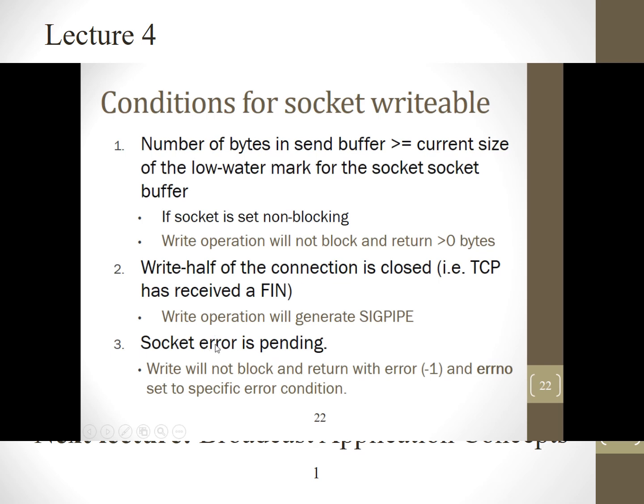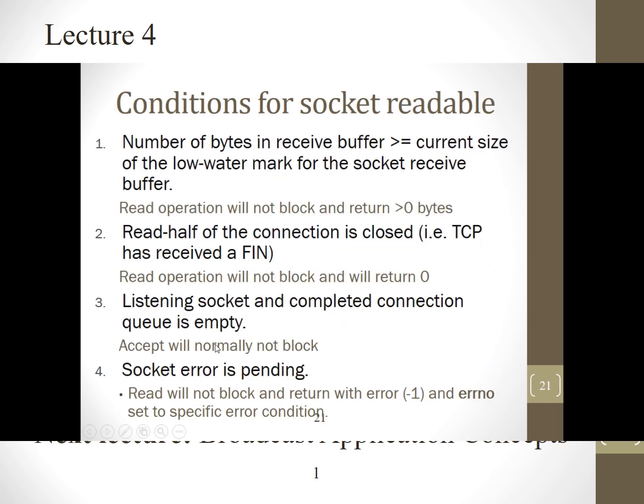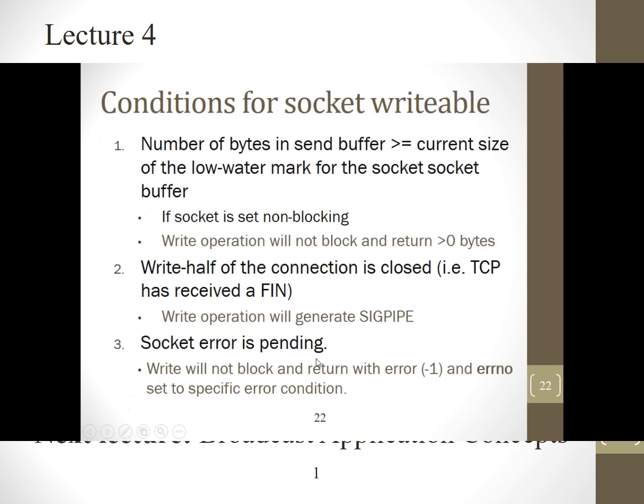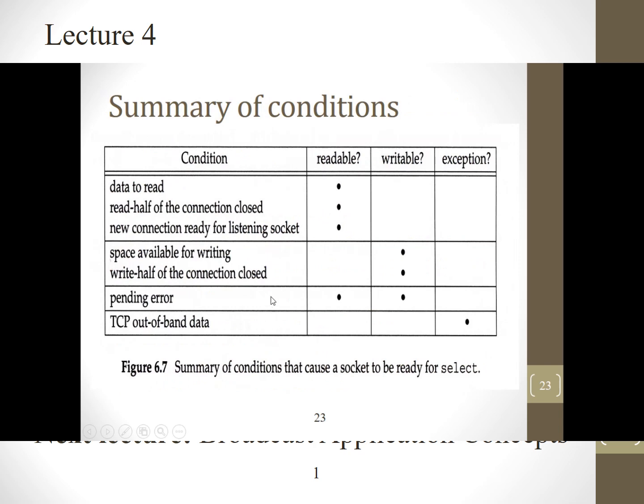In both cases, it says socket error pending. So we already discussed the conditions: data to be read, read half of the connection closed, space available for writing, write half of the connection closed. So readable, writable, error pending, and then TCP out of band.